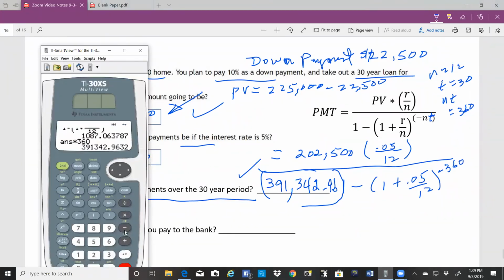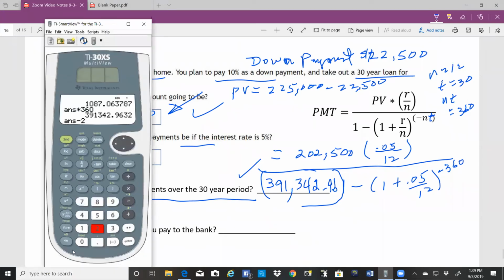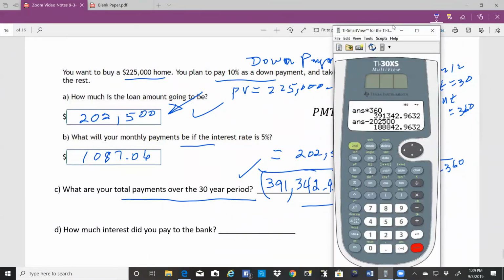So we're going to go back up here and subtract $202,500. And that is the total amount of interest you paid, which is $188,842.